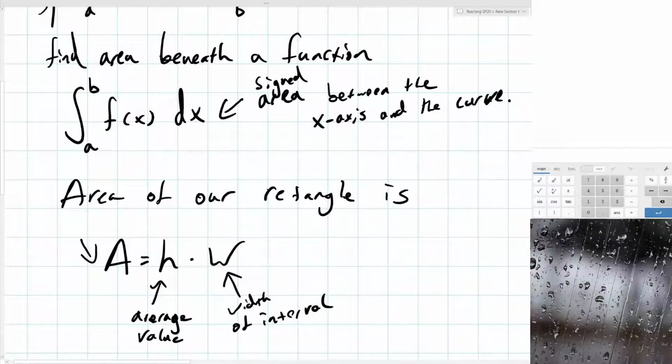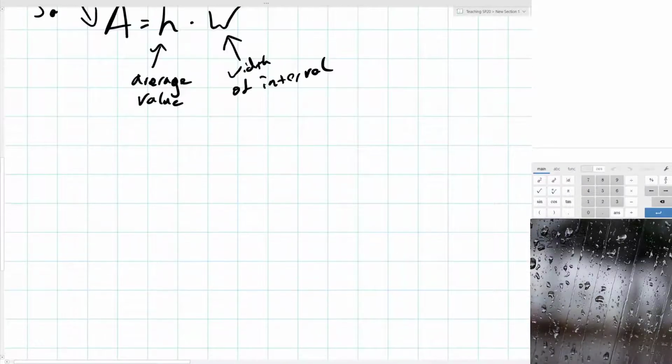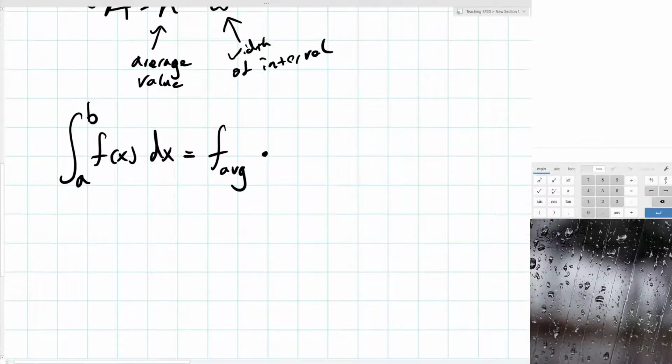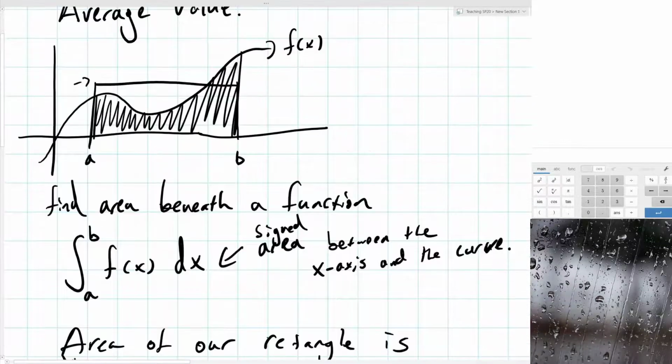And this area is the same thing as our integral. So the integral from a to b of f of x dx is equal to the average value times the width of the interval. But the width of the interval is just b minus a. B is over here, a is over here. This distance is just the difference between the two.